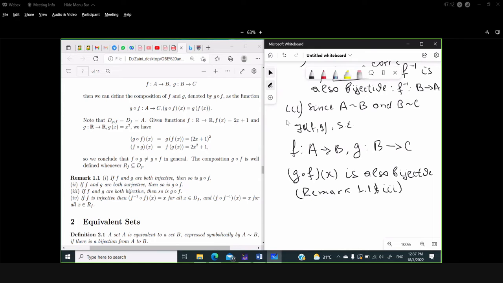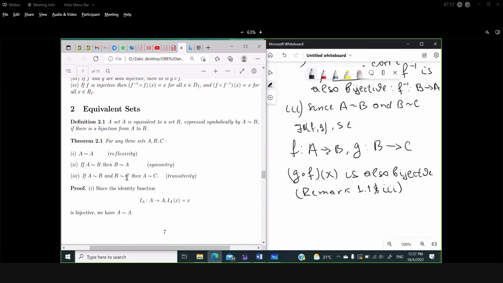So for the third case, we use the composite function. A is equivalent to B, B is equivalent to C, then A is equivalent to C. So A equivalent to C means there is a bijective composite function from A to C. So that is a proof of this theorem.